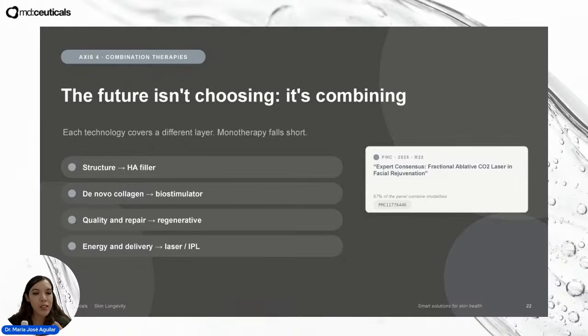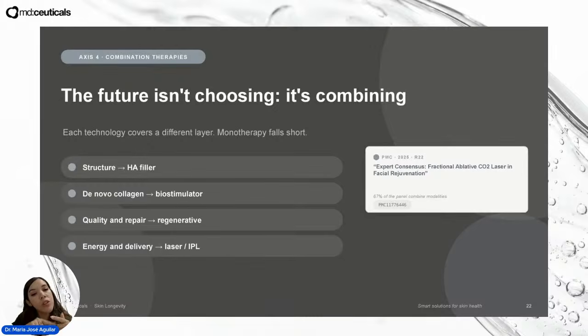But the point here is to always do it, because when we inject the hyaluronic filler, we are also increasing the activity in that area, an inflammatory activity that is going to consume energy.